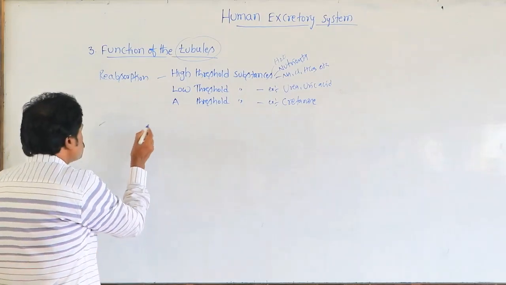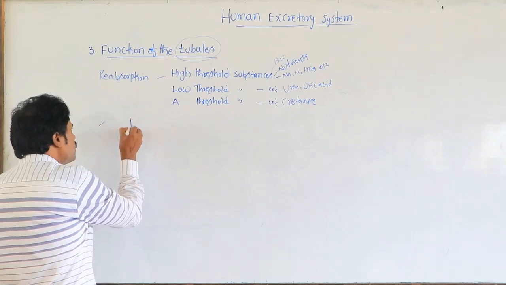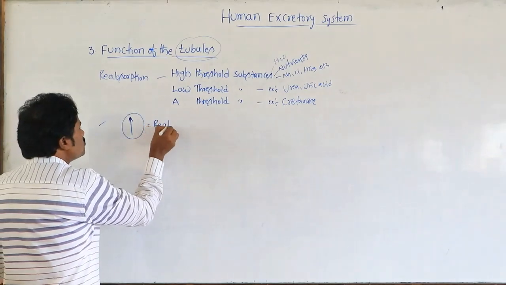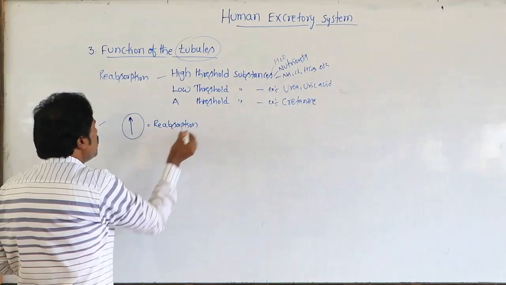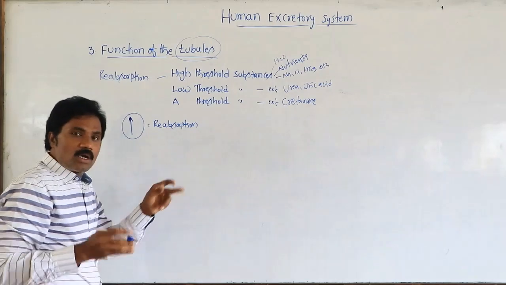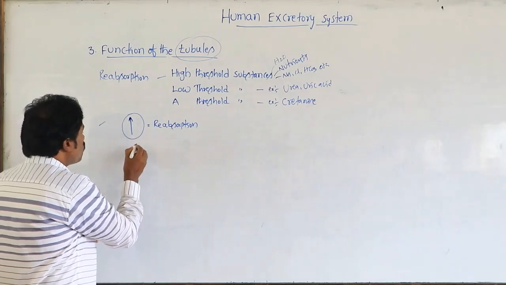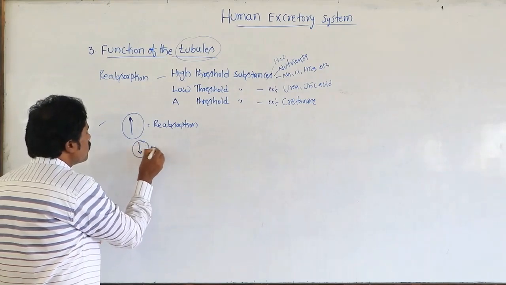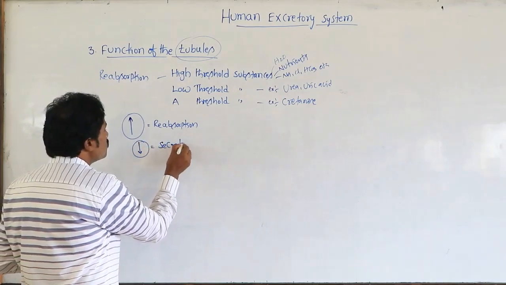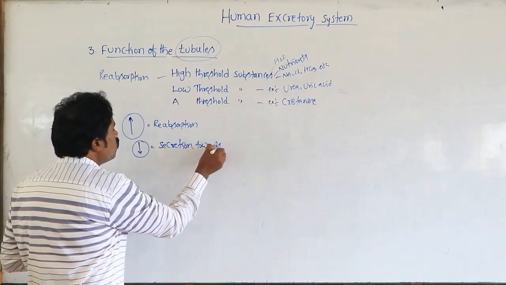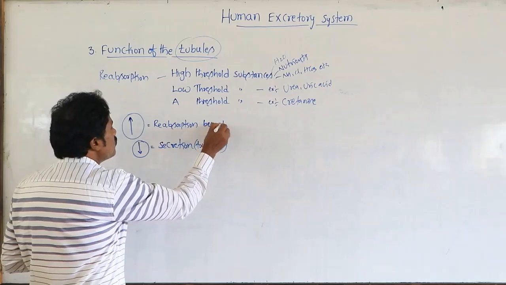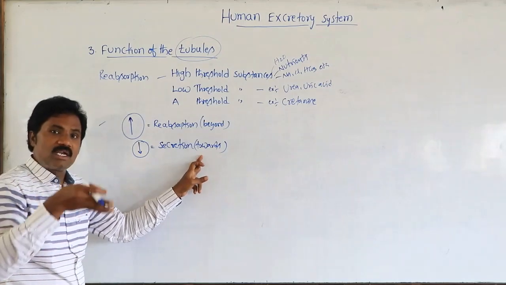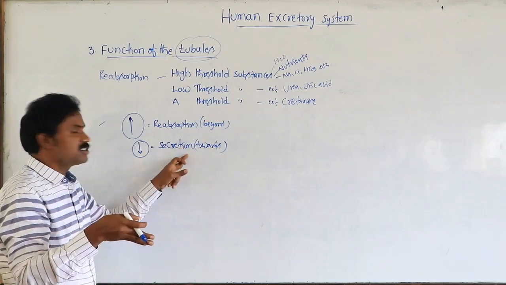Remember carefully: if the arrow mark leads in the upward direction, it represents reabsorption. If the arrow is towards the renal tubule, whatever substances enter into the filtrate, we call secretion.